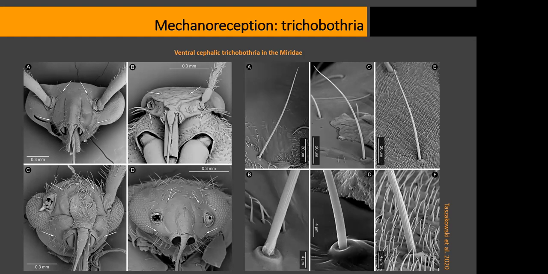A pair of ventral cephalic trichobothria was observed in all examined species. Each trichobothrium of this pair is located laterally to the first article of the rostrum on the gula between the buccula and the antennal tubercle. Moreover, dorsal cephalic trichobothria were observed for the first time. They are located above the antennal tubercle towards the center of the frons.